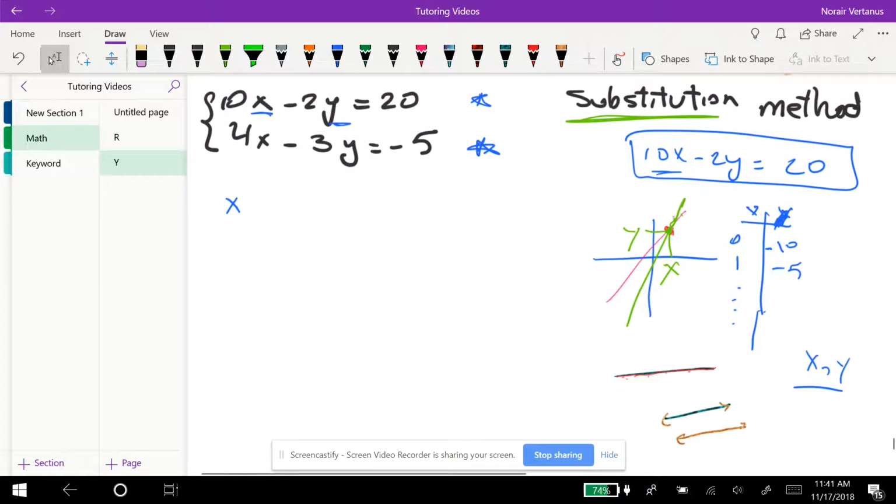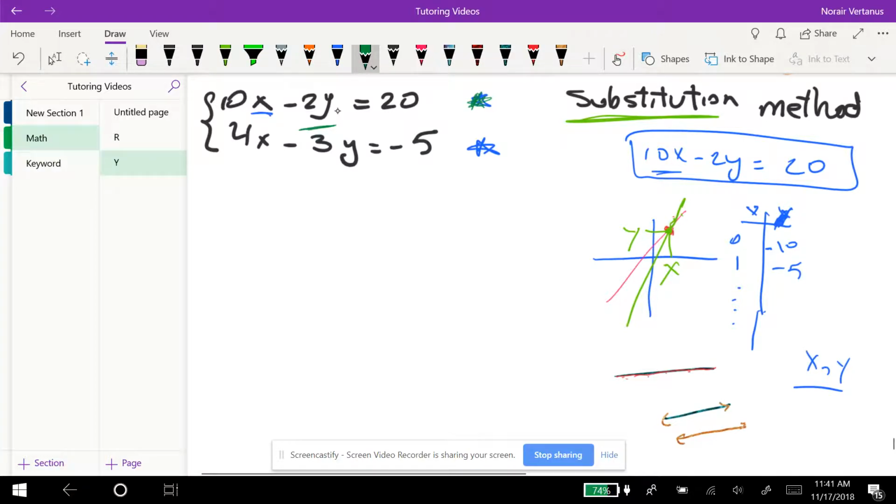To minimize the headache you may have with fractions, even though it's good to learn completely how to deal with fractions, if you want to minimize the problem of dealing with big fractions, you need to see which choice is the best to solve for. For me, I will pick this equation first of all, and I'm going to solve for this y.